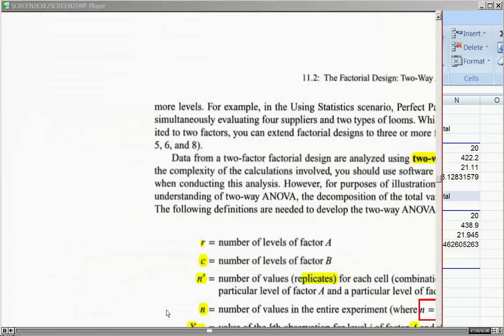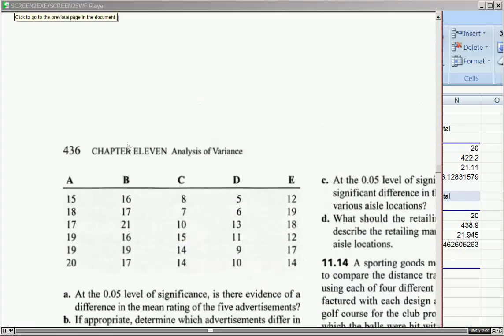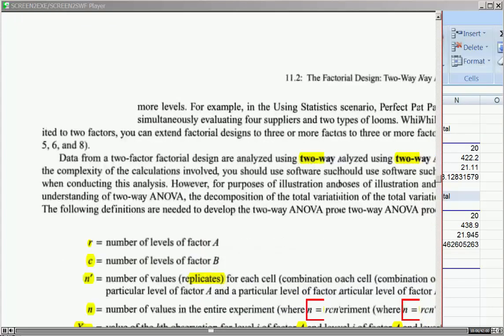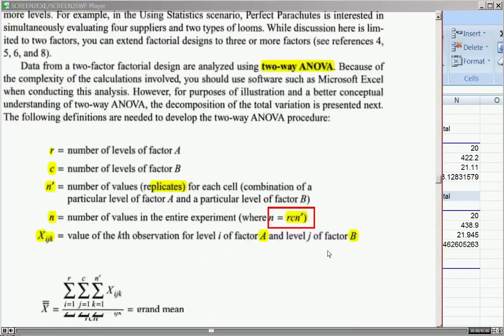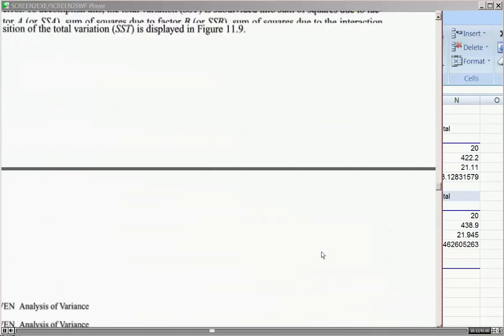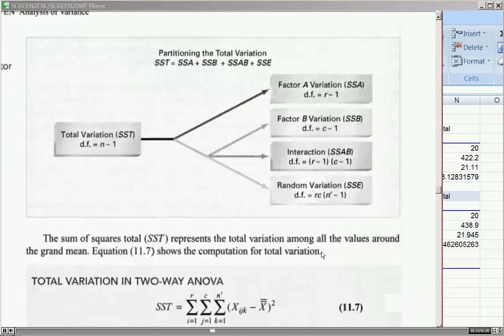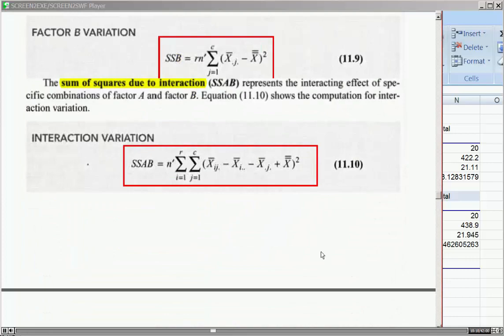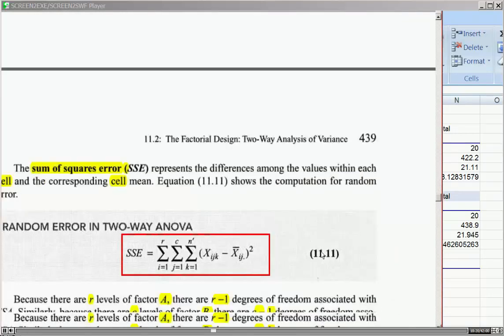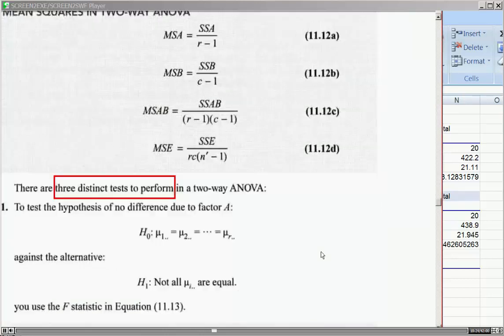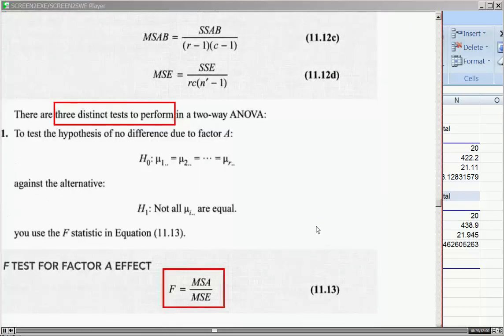Maybe 17. This is the null. They did state it clearly.